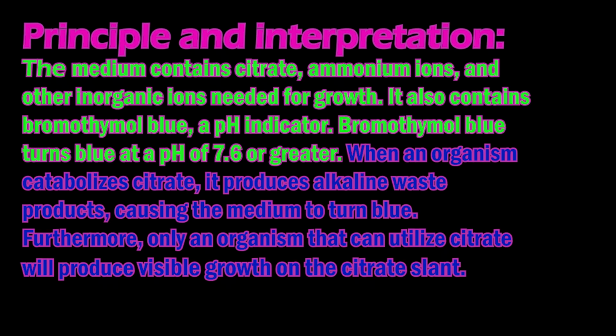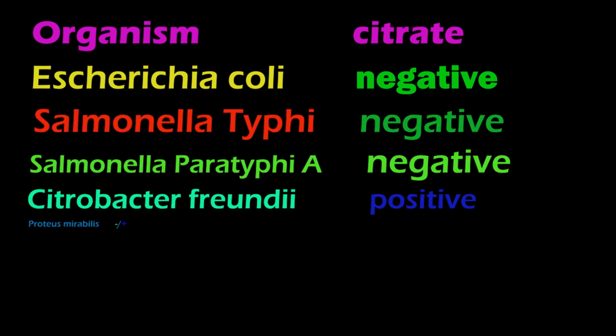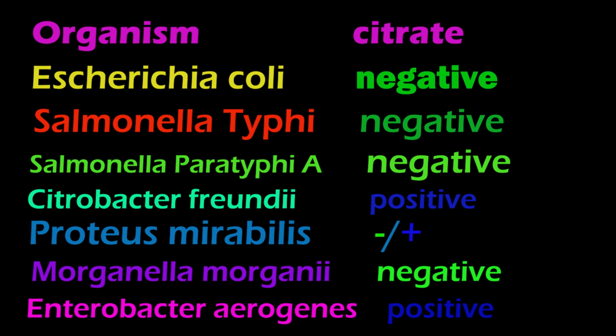Sodium citrate combines with carbon dioxide to form an alkaline product, sodium carbonate. The pH indicator bromothymol blue changes the color from green to blue in alkaline. The citrate positive organisms are Enterobacter species. The negative is Escherichia coli.